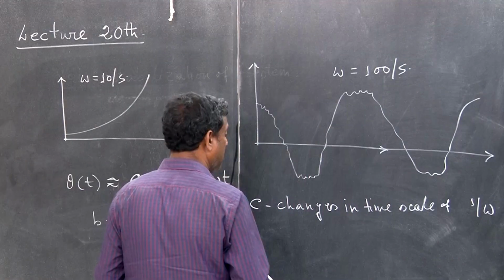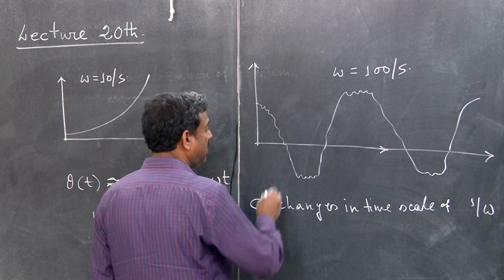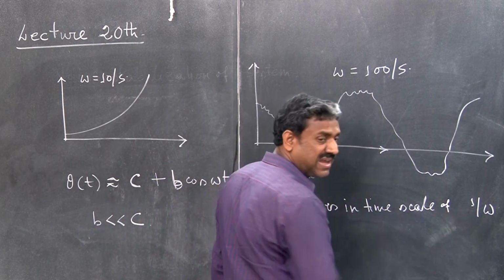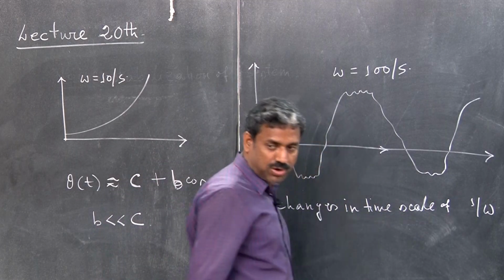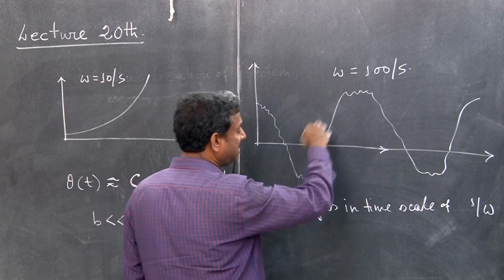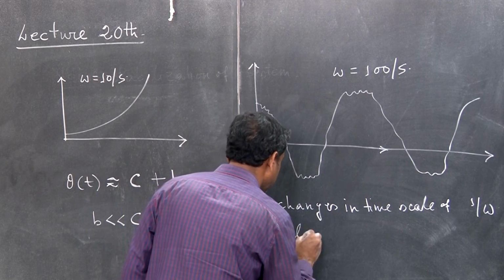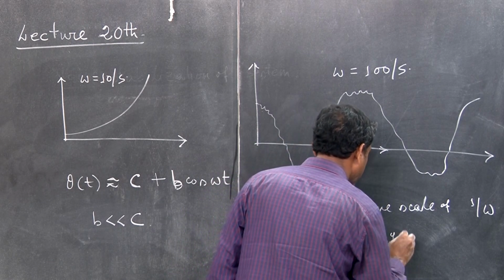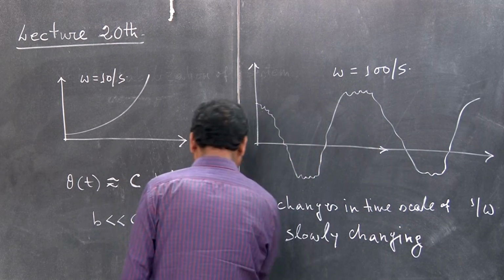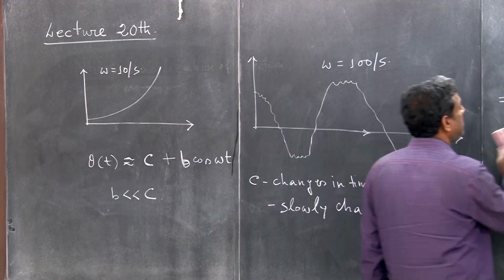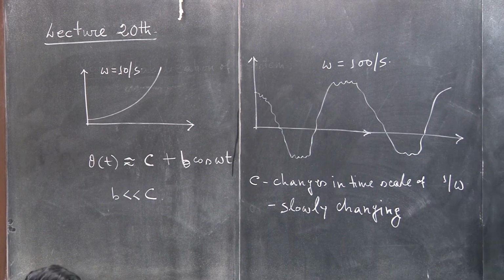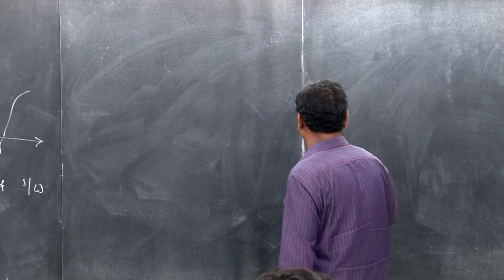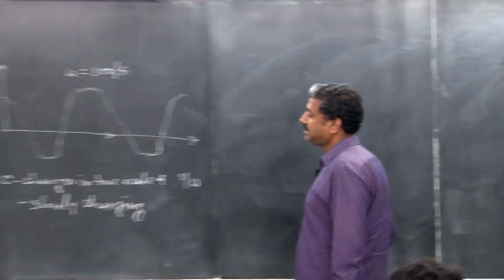High frequency means omega is very high, so 1 by omega is small. That means c is changing slowly. Of course, c is a function of t. Please note that.